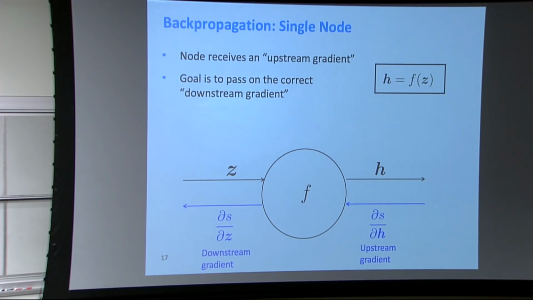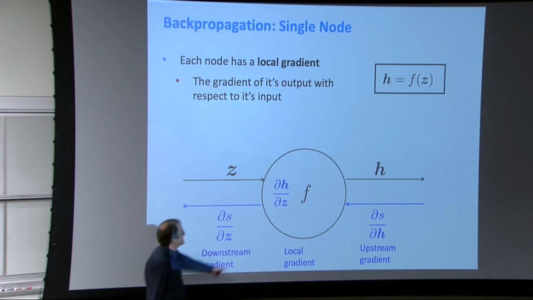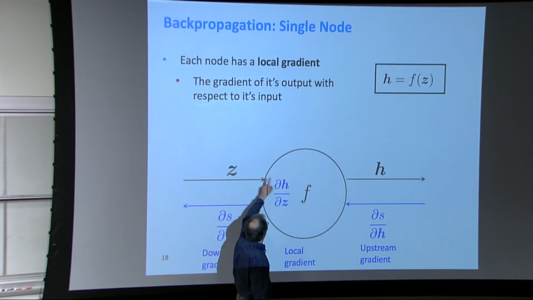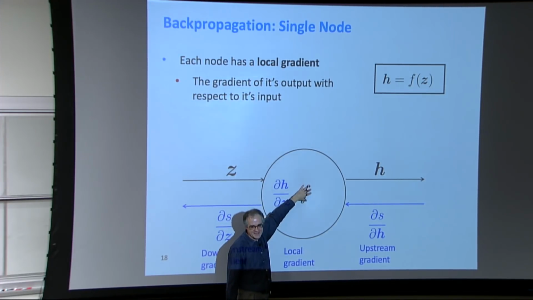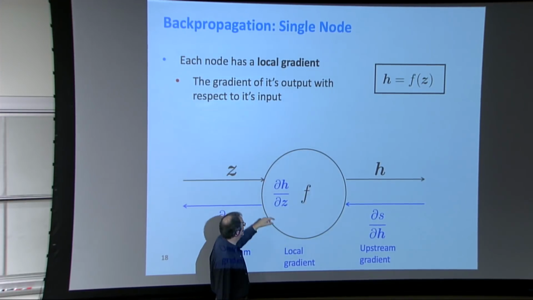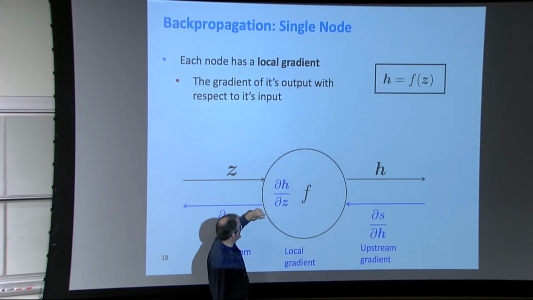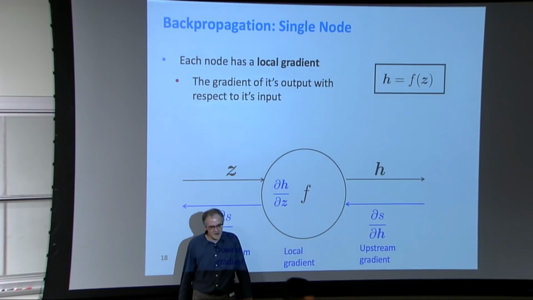And the answer to that is we use the chain rule, of course, right? So we have the concept of a local gradient. So here H is the output, z is the input. So this function here is our nonlinearity, whatever we're using as our nonlinearity, like a logistic or a tanh. We're calculating h in terms of z, and we can work out the partial of h by z. So that's our local gradient.